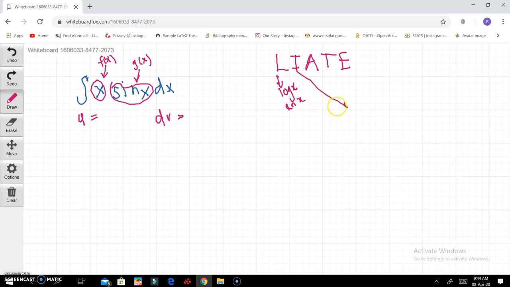The letter I here represents inverse trigo, which can be sine inverse x, cos inverse x, and so on and so forth. A here refers to your algebraic expressions, algebra. And T here is referring to trigo functions.